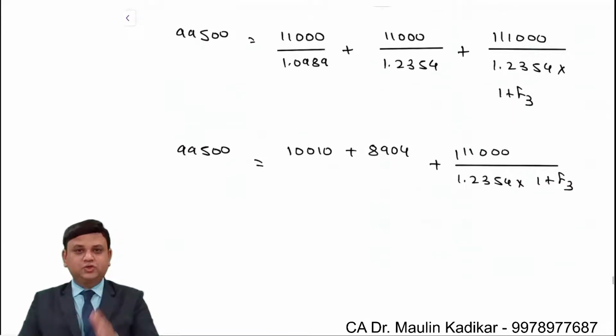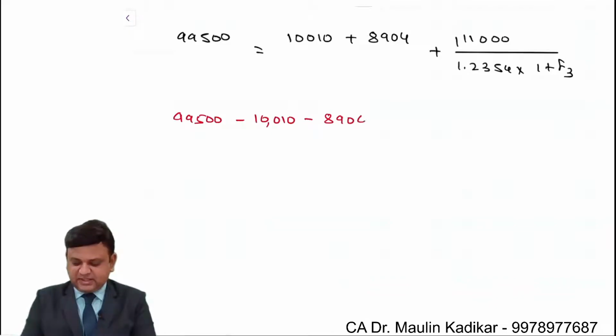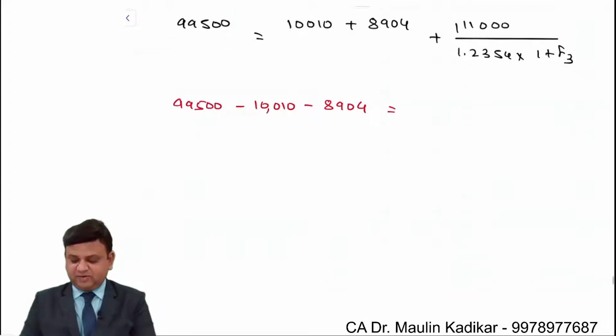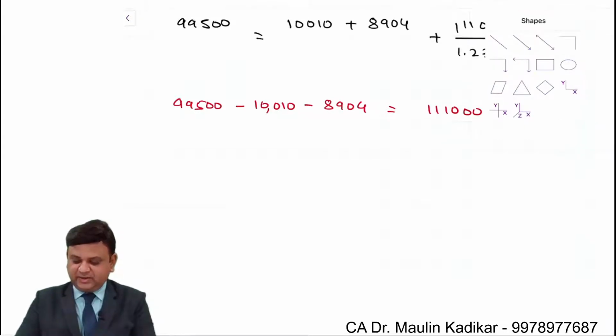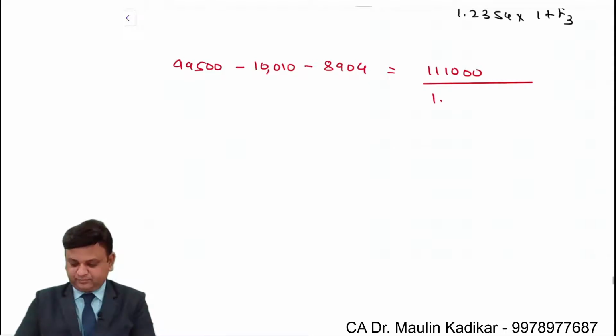Okay, so these two values are transferred to the left hand side. So 99,500 minus 10,010 minus 8,904 is equal to 1,11,000 divided by 1.2354 into 1 plus F3.